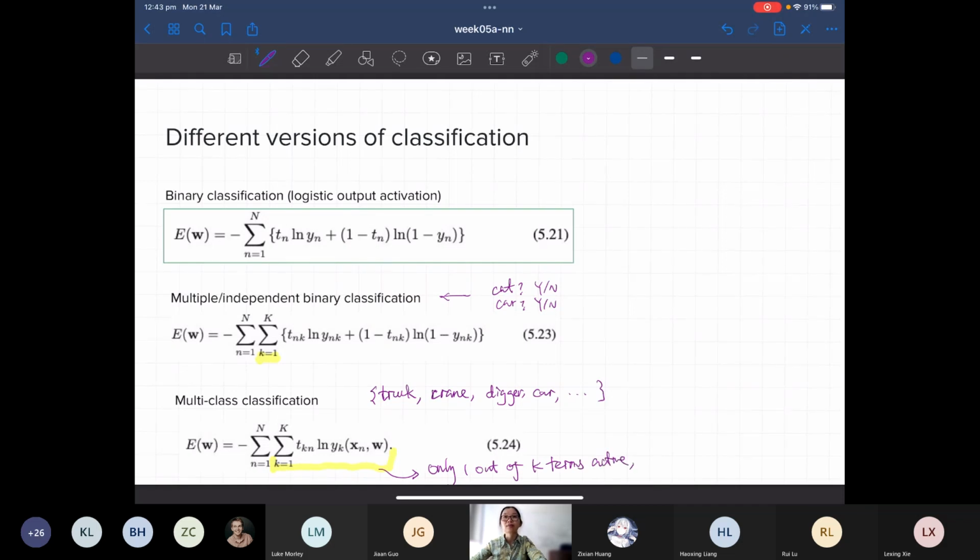The rest are 0, meaning this tkn is one-hot encoding. One, and everything else should be zeros. Right. Okay, simple enough.